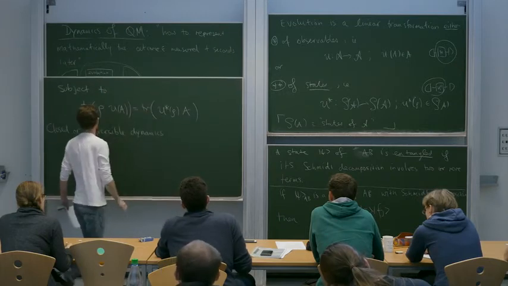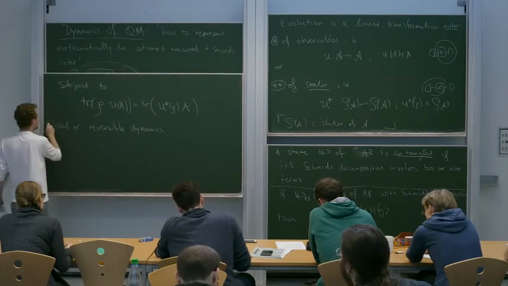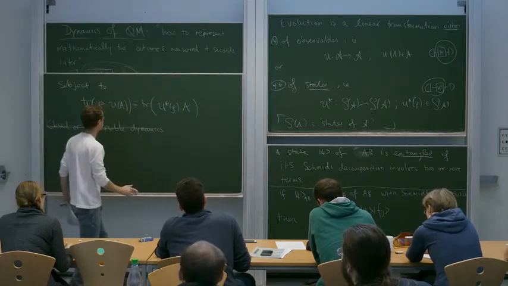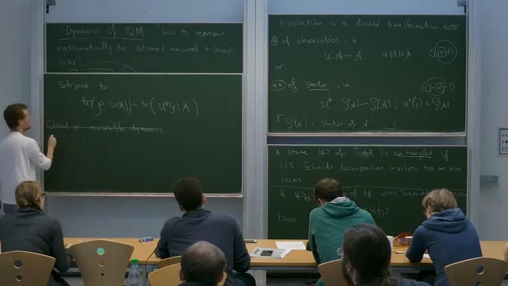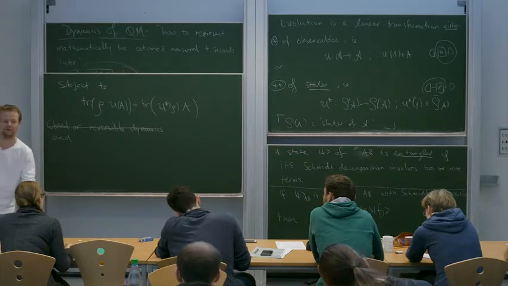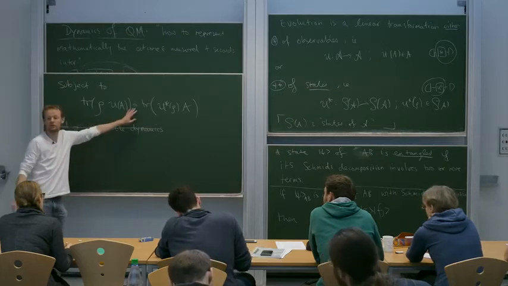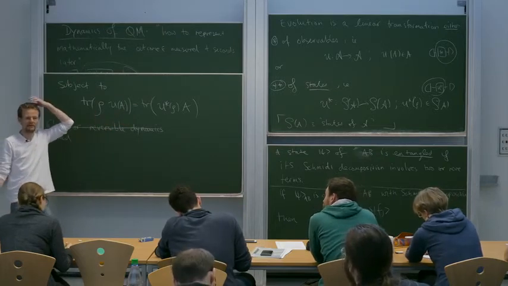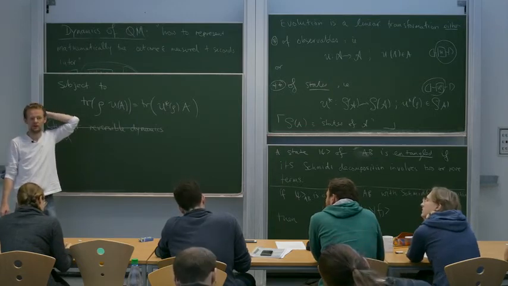Oh, before I do that, we better have some other constraints on our evolutions. It's not good enough that just this occurs. An evolution might be really bad, right? It might destroy probability.